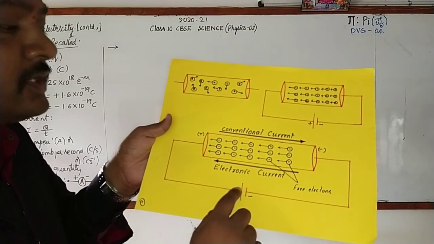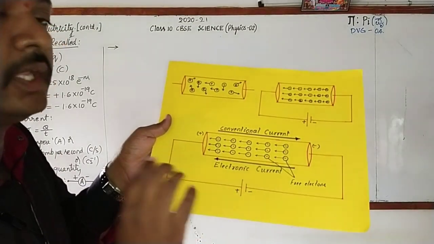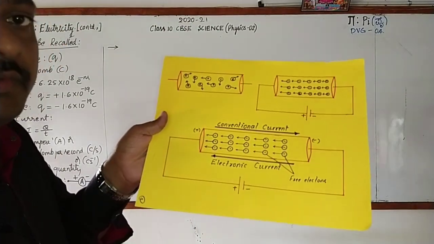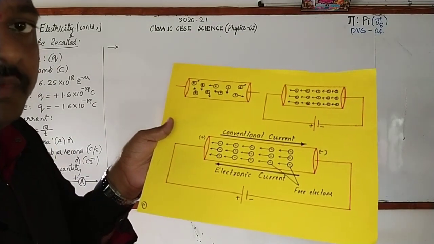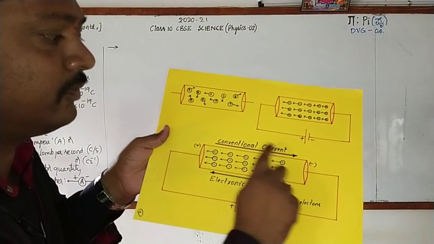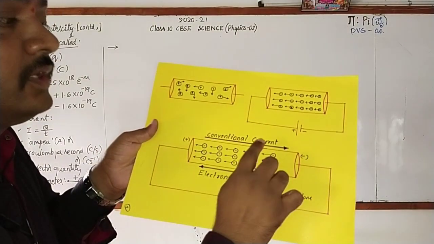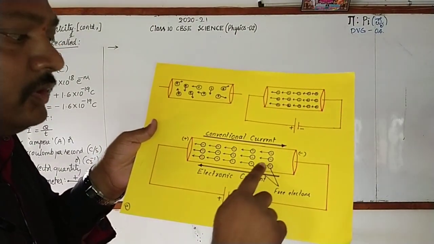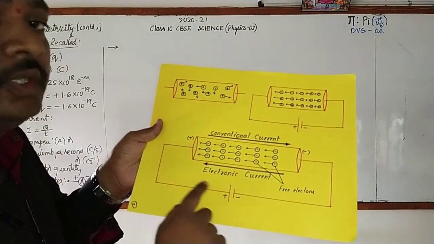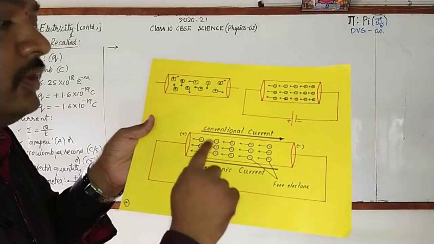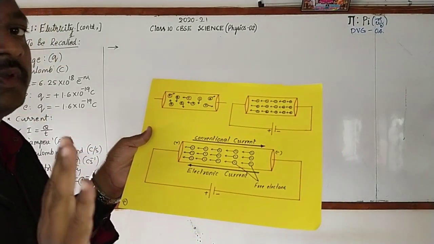Hence, the direction of current is shown from positive to negative terminal of a battery. This is called conventional current. Let me tell you the definition of conventional current. The current that constitutes the flow of protons from positive to negative terminal is called conventional current. These are the two types of current.